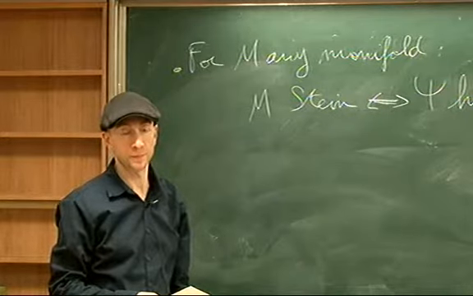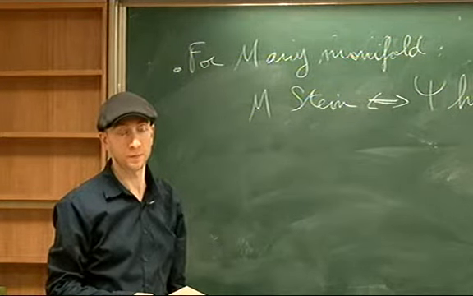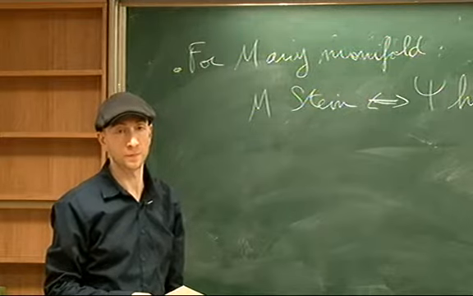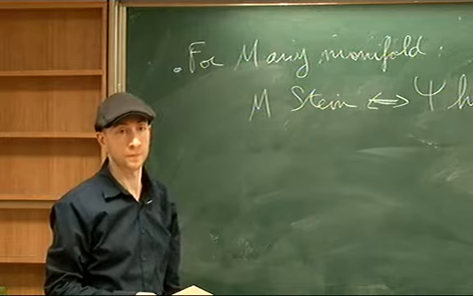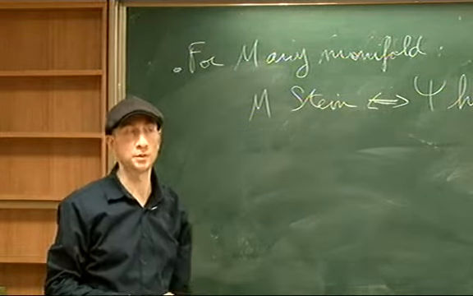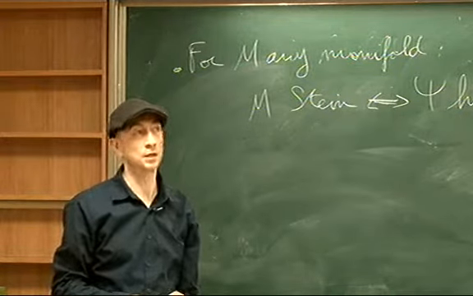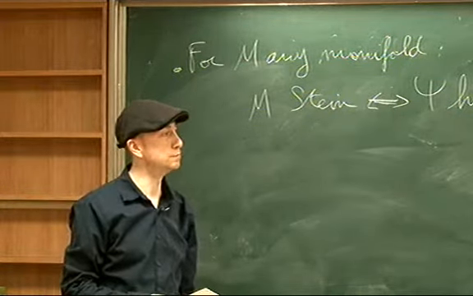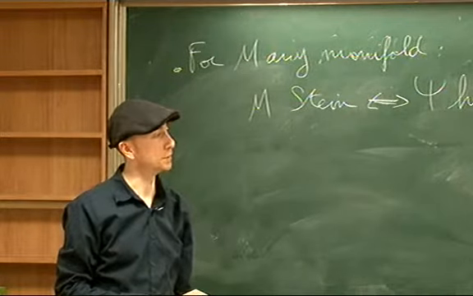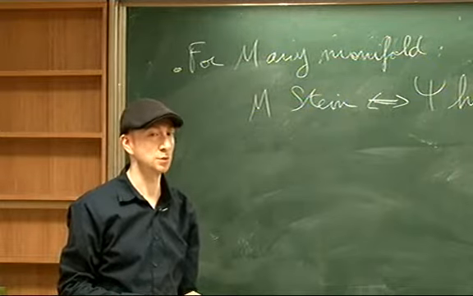You said O(M) is a Fréchet space. Yes. So can we just regard the Spec of O(M) as a subspace of the function spaces? But a priori, does it have a good topology, a compact open topology on this? I don't know. I don't think so, but I'm not sure.